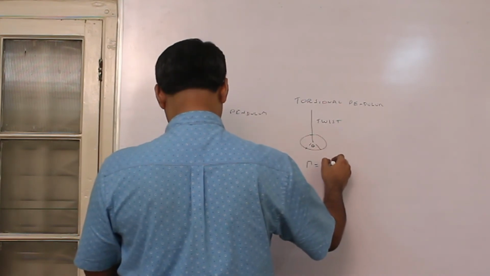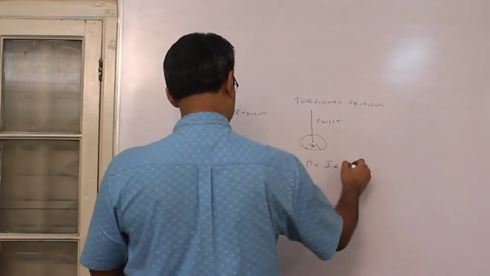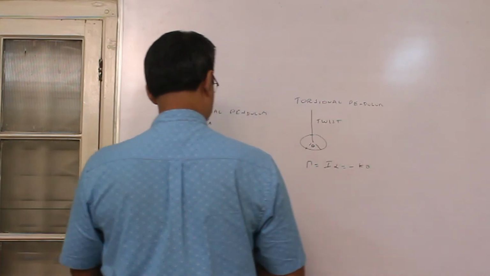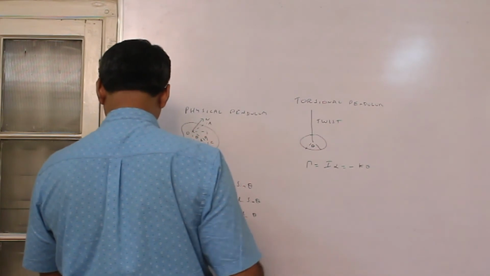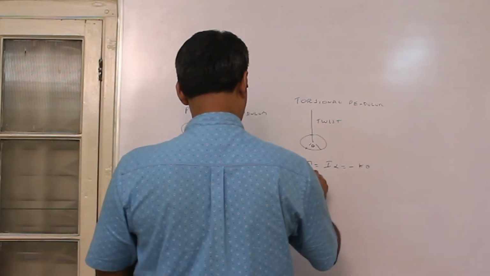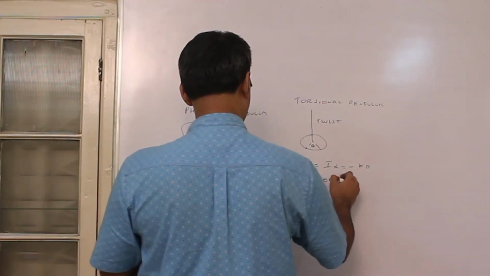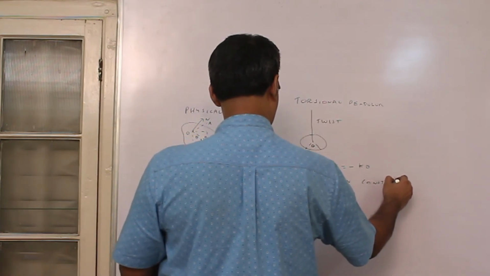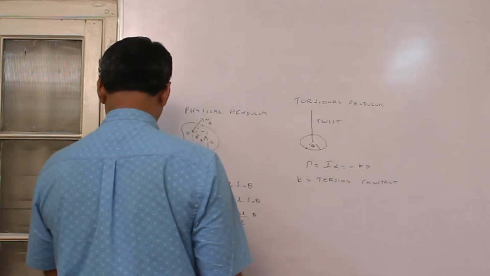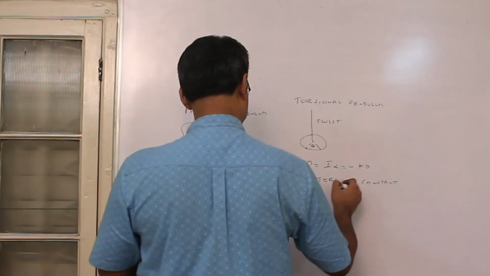So we know that torque is equal to I alpha. It is equal to minus k theta, where k is called the torsion constant.